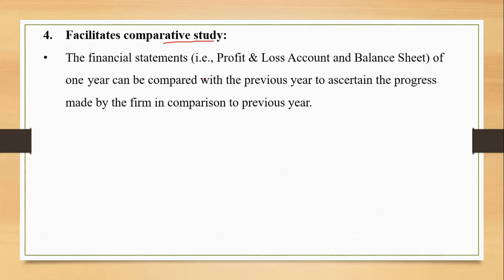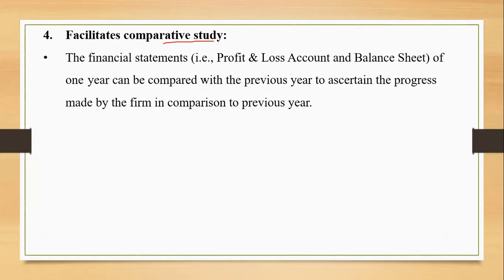So the financial statements, that is P&L and balance sheet of 1 year, can be compared with the previous year to ascertain the progress made by the firm in comparison to previous year. Whenever you talk about the comparison, it can be the inter-firm comparison or intra-firm comparison. Inter-firm comparison is when you compare your records with some other firm.